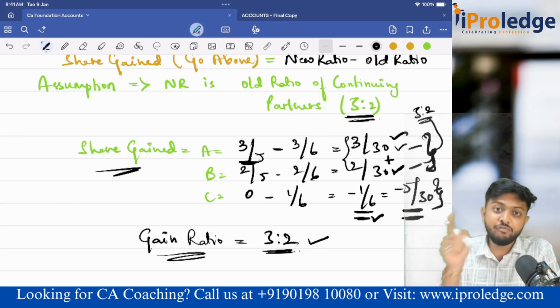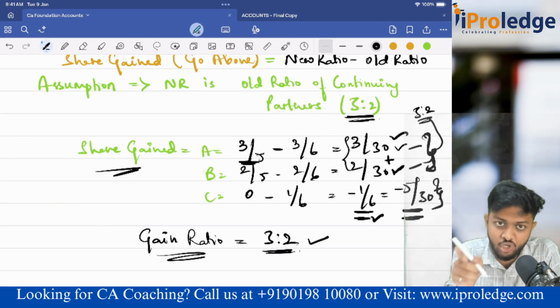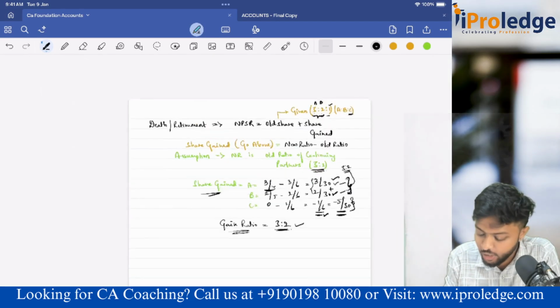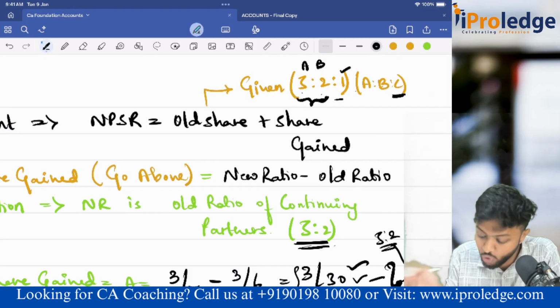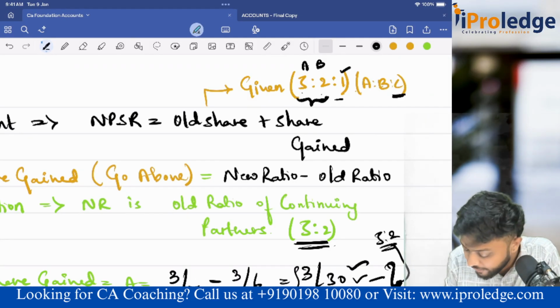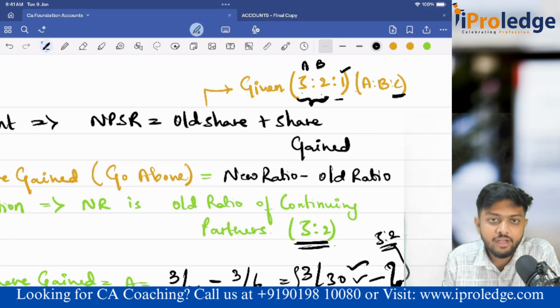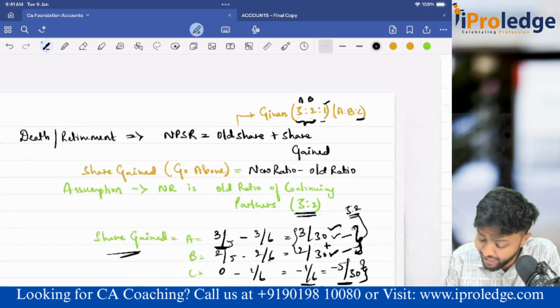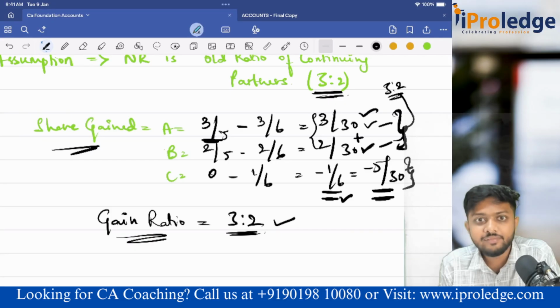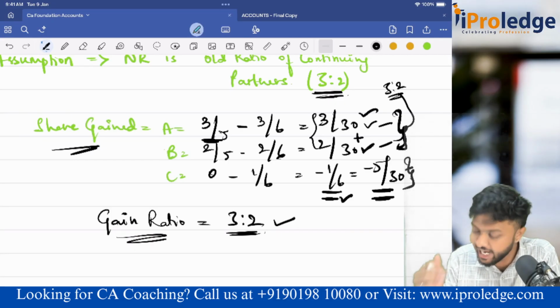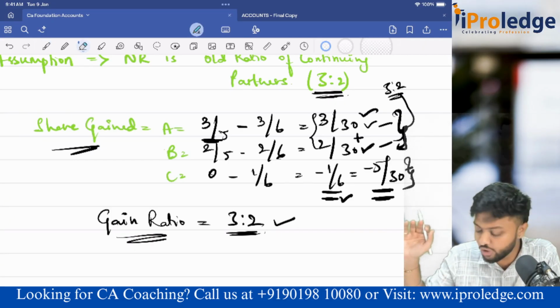If you assume the new ratio to be 3:2 when it was not given in the question, with the old ratio 3:2:1, then even the gain ratio will become 3:2.